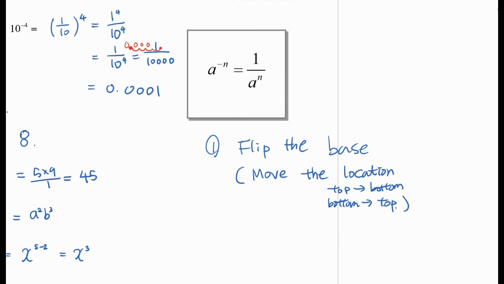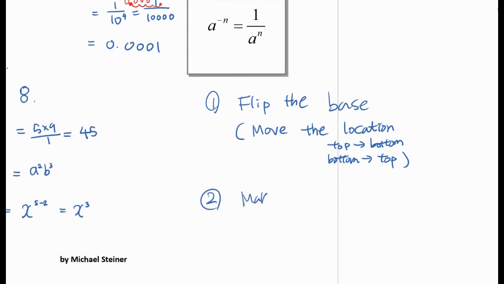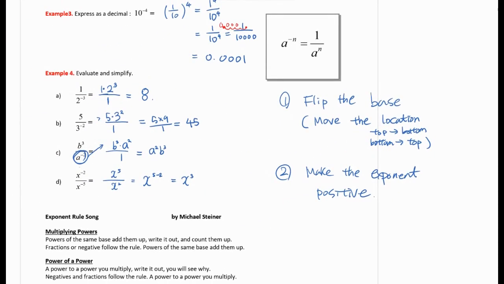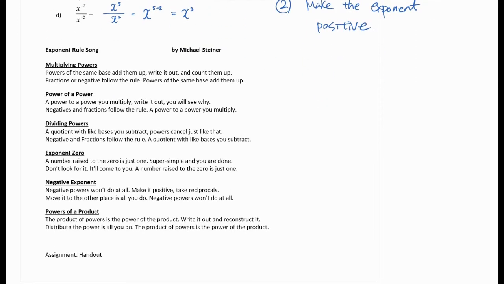So this is the first step. And second step, make the exponent positive. Okay, that is it for today, everyone. And I'm going to show you guys a very funny song. It's called Exponent Rule Song.